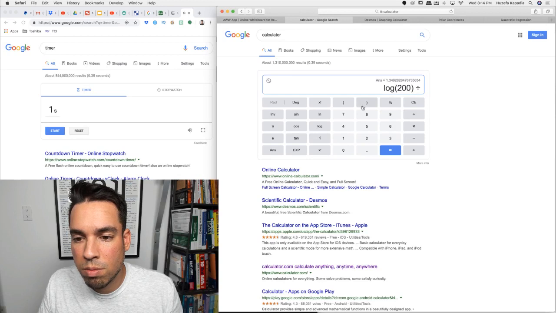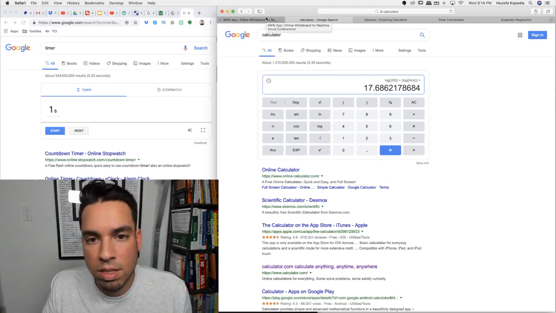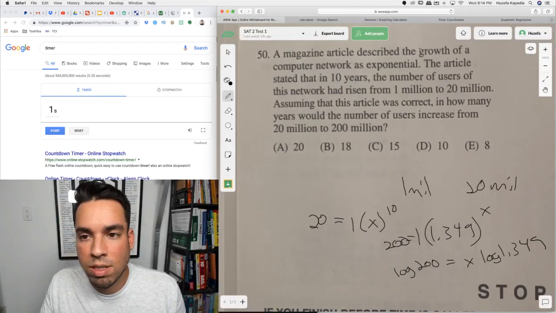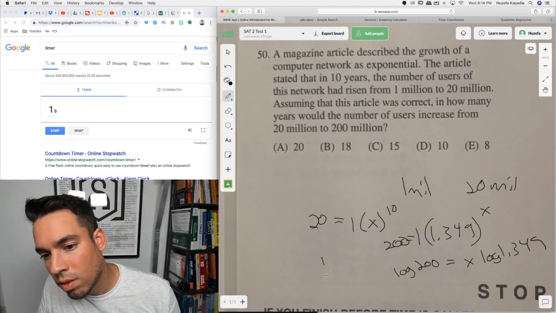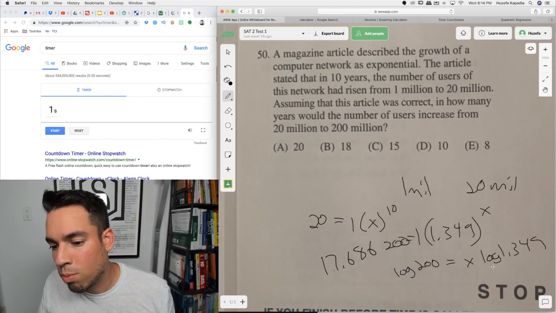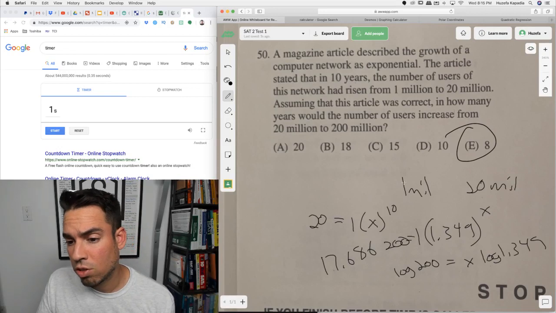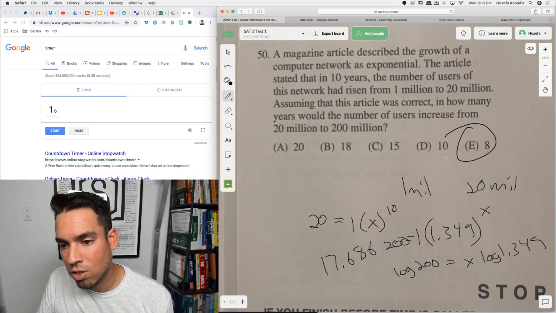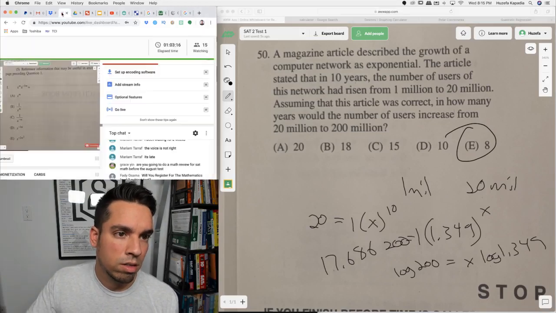Divide log 200 by log of 1.349 equals 17.686, so x equals about 17.7 years. But that's to go from 1 to 200 million. So 20 million has already been 10 years, so it's like 7.68 or 8. I think that's the answer because it's already gone 10 years, so it's not 18, it's 8.